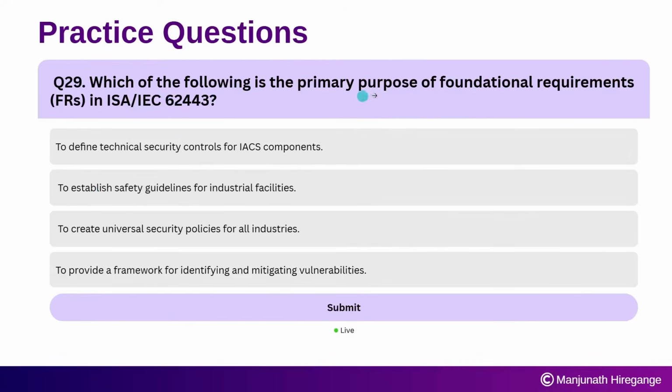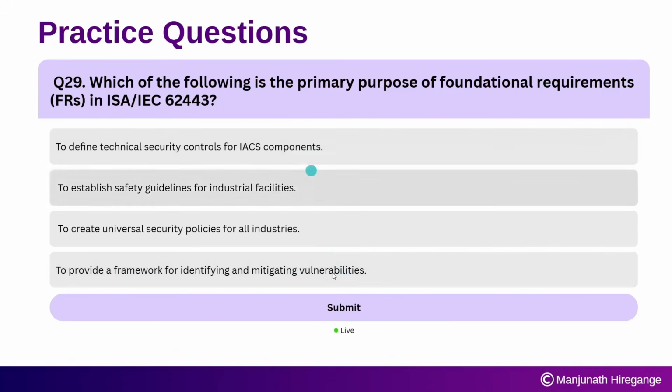Which of the following is the primary purpose of foundational requirements FRs in 62443 standard? To define the technical security controls for IACS components, to establish safety guideline for industrial facility, to create universal security policy for all industries, to provide a framework identifying and mitigating vulnerabilities.